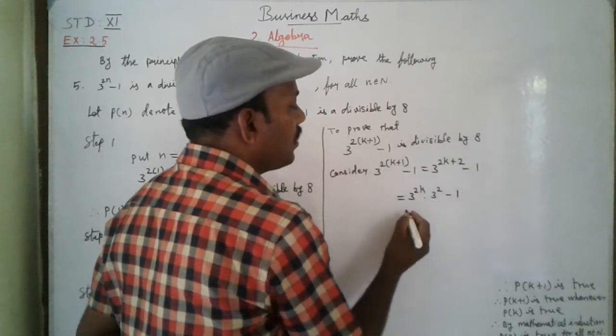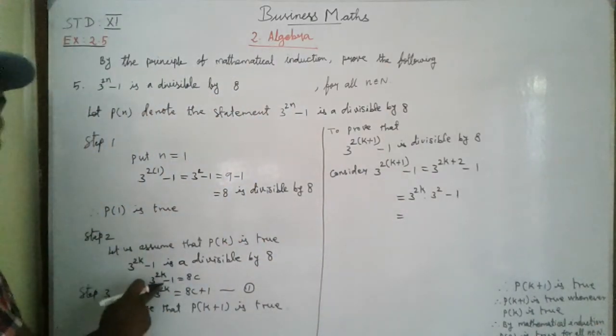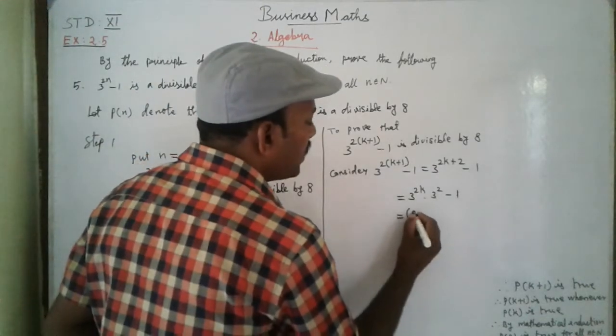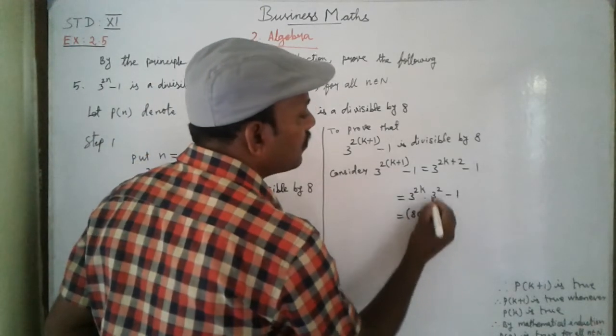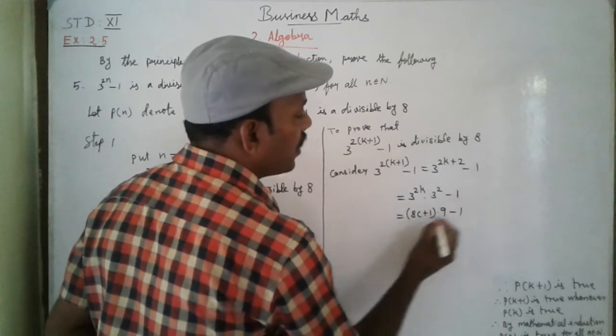We know that 3 power 2k is 8c plus 1. So 8c plus 1 into 3 squared, which is 9, minus 1.